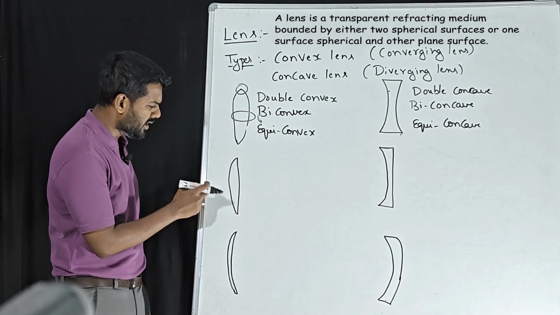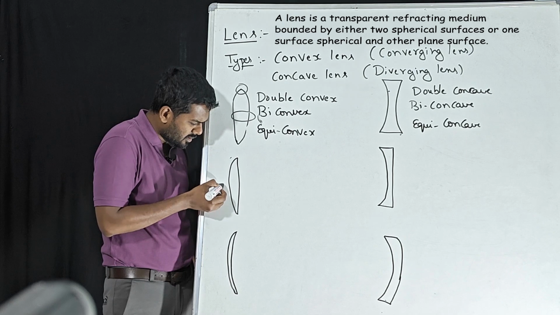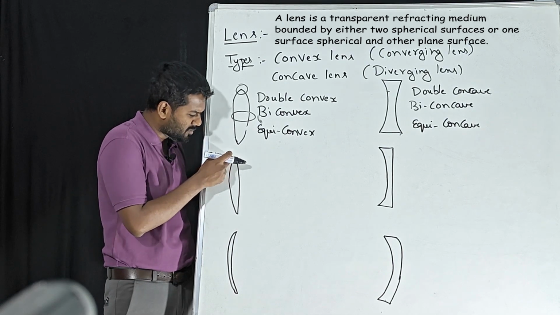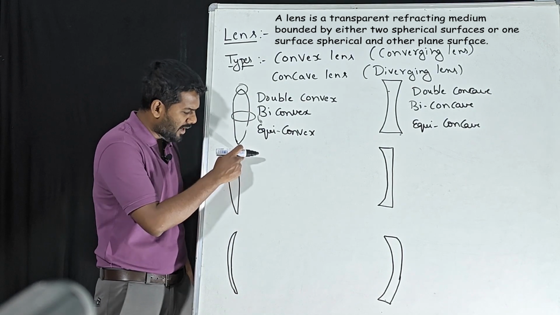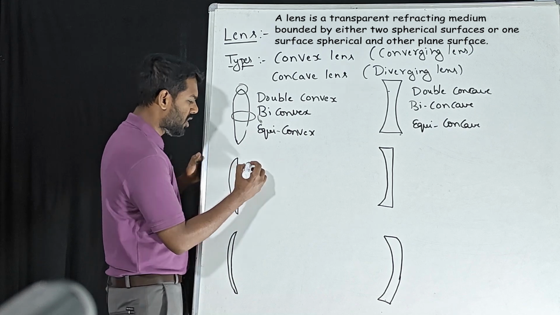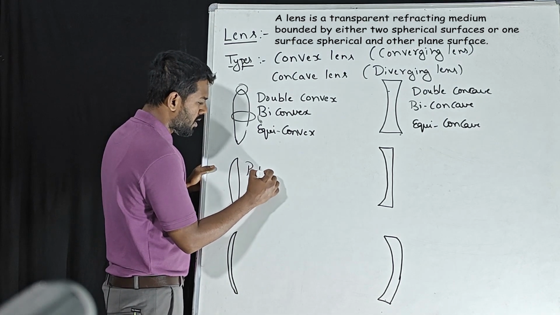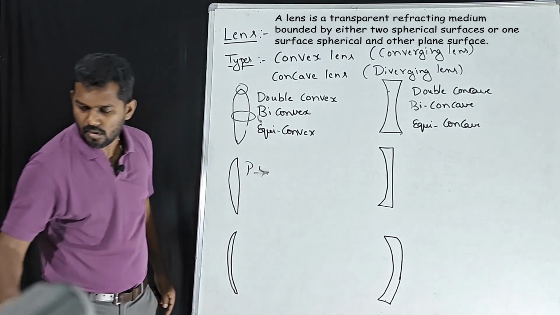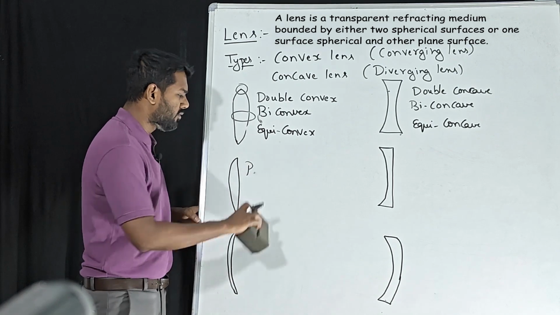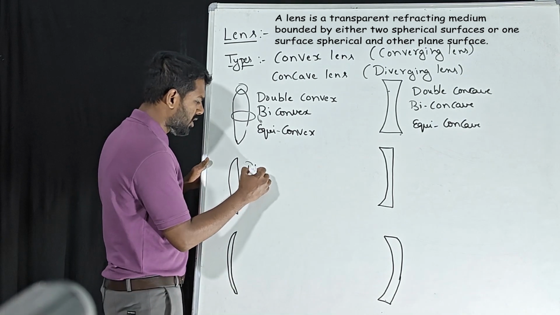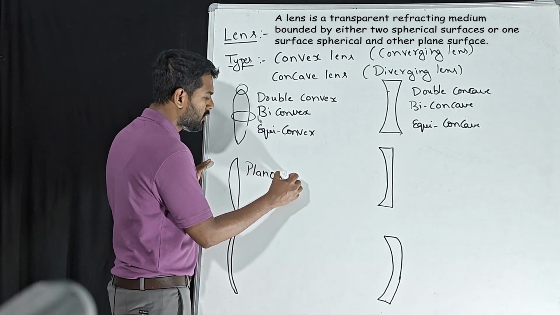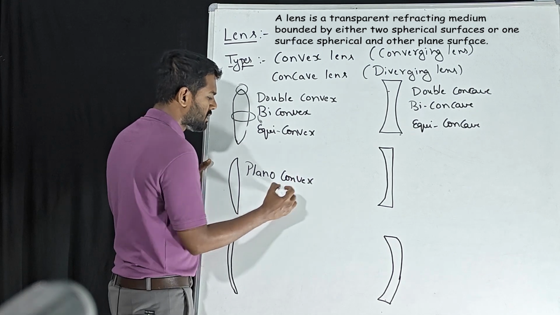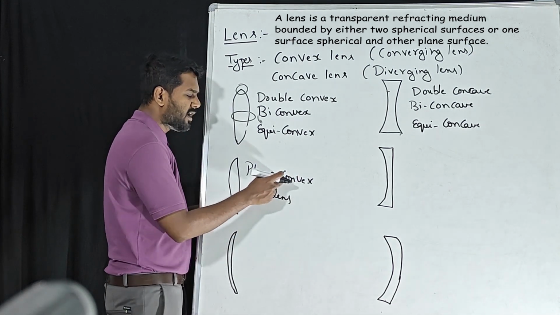Next, here see, only one bulge is there, only one spherical surface and one plane surface. So this is called a plano-convex lens. Why is it called plano?